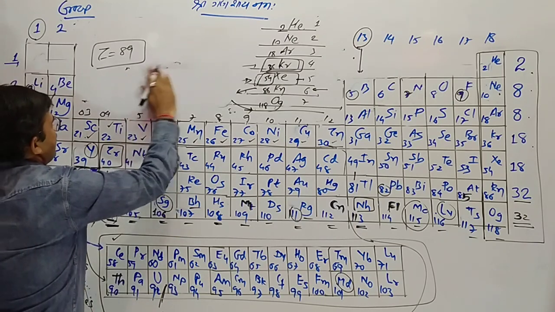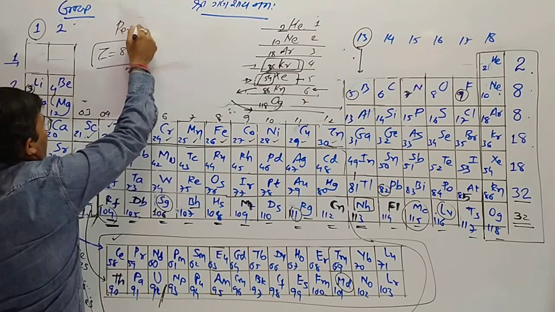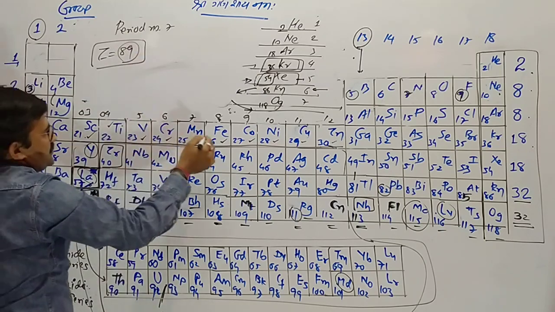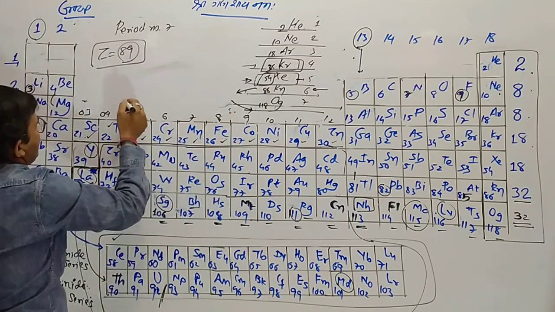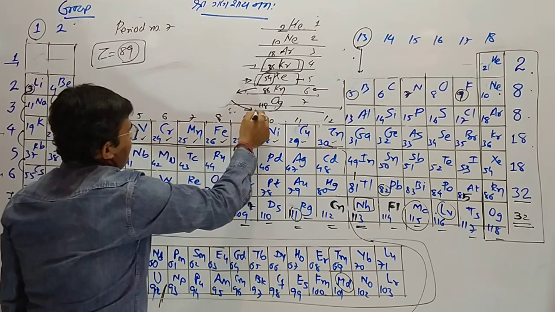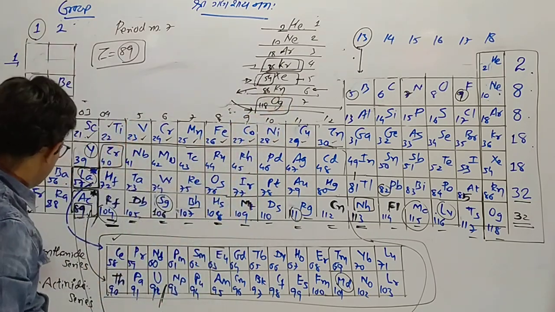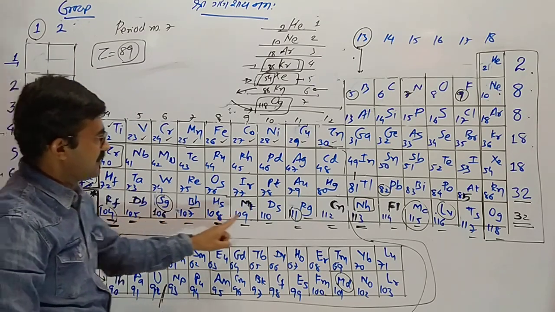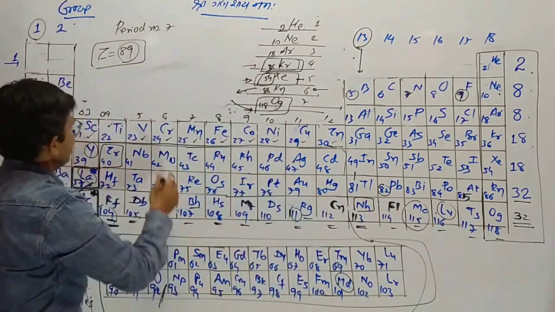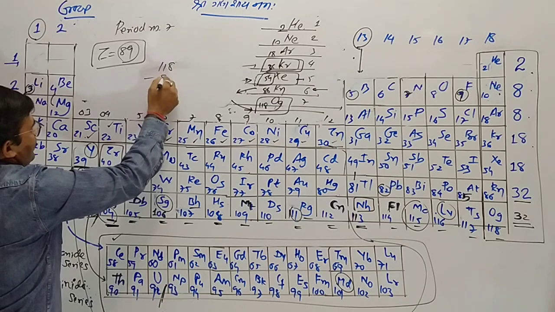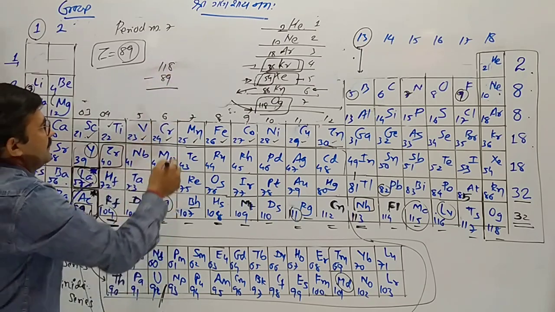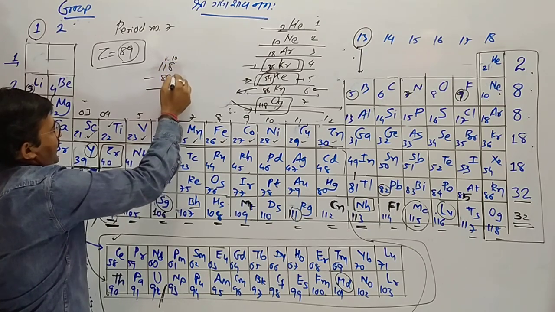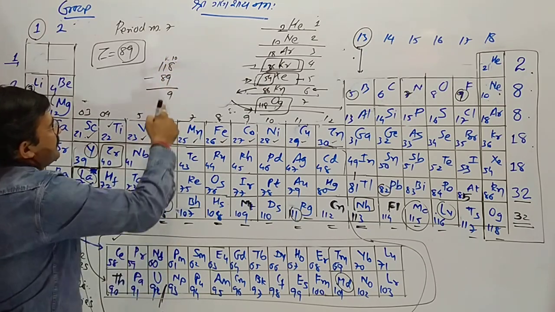Final: period number 7. 89 we have to subtract from the last member of period number 7. So Oganesson 118 minus 89.